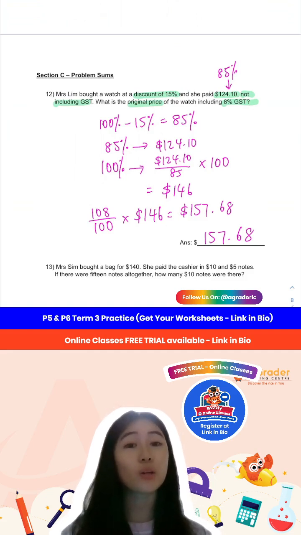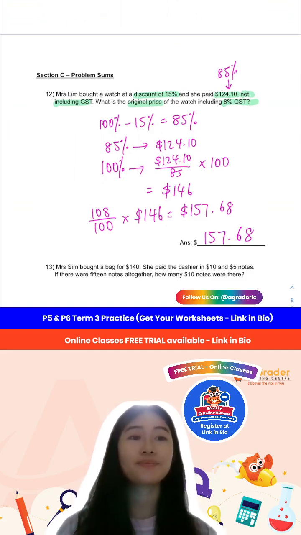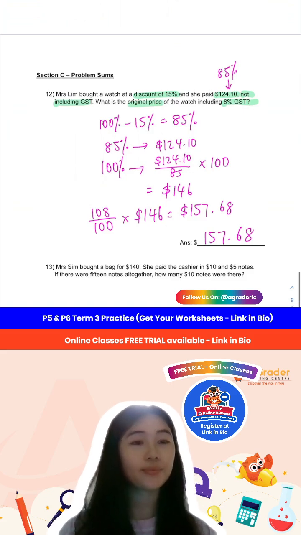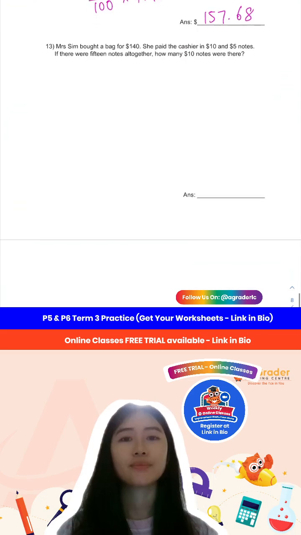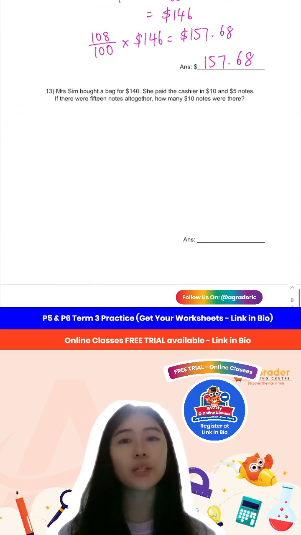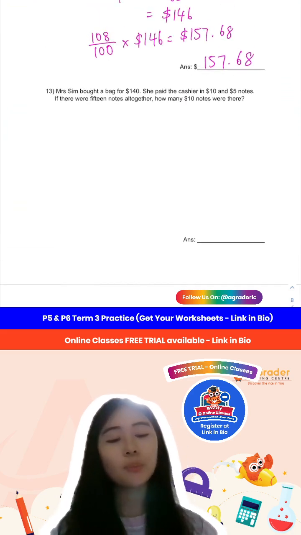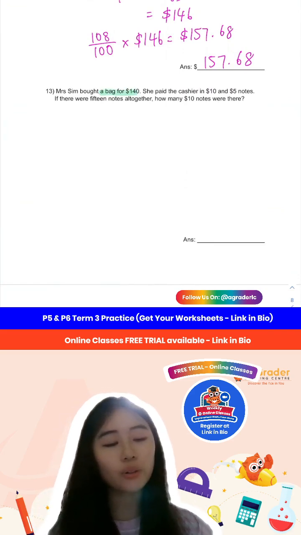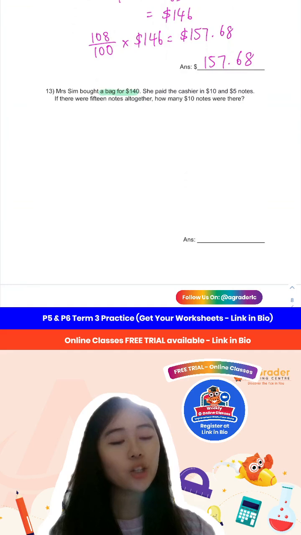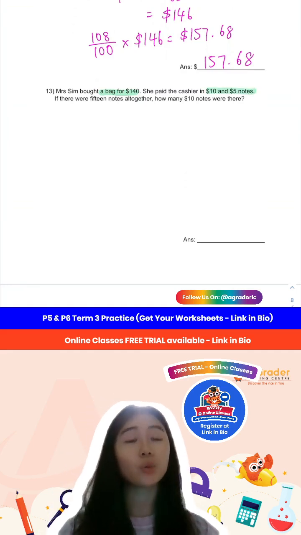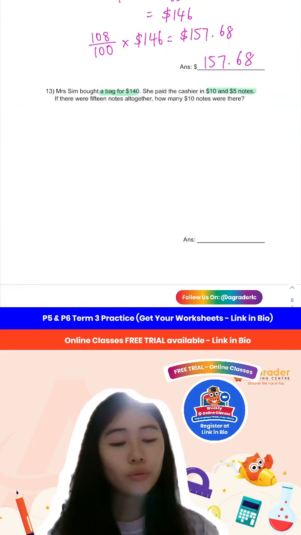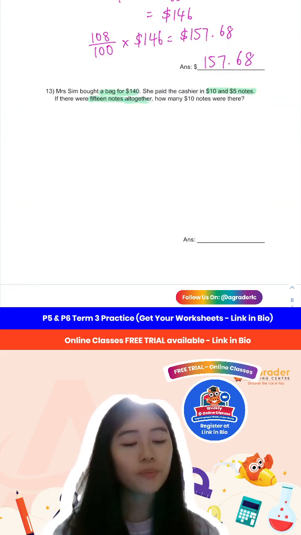And we're down to our last question. Okay, so I'm going to read this. Mrs. Sim bought a bag for $140. She paid the cashier in $10 and $5 notes. There were 15 notes altogether. How many $10 notes were there?